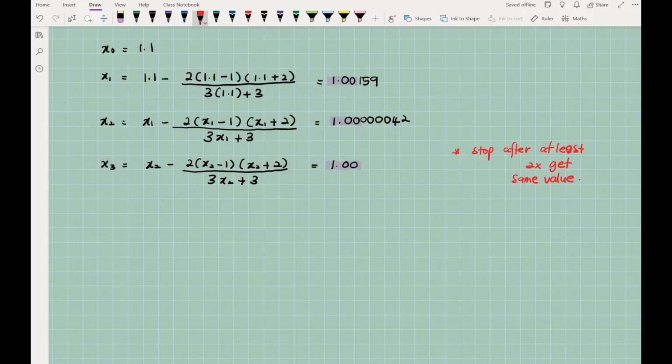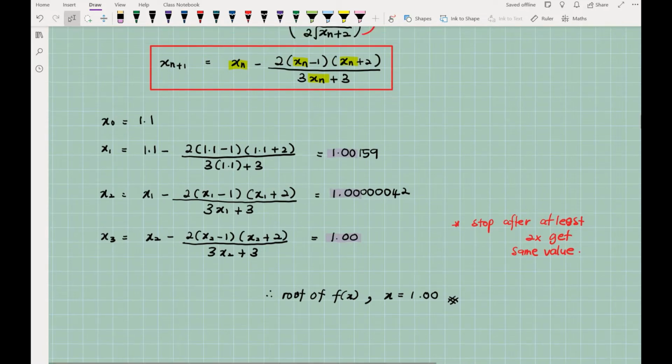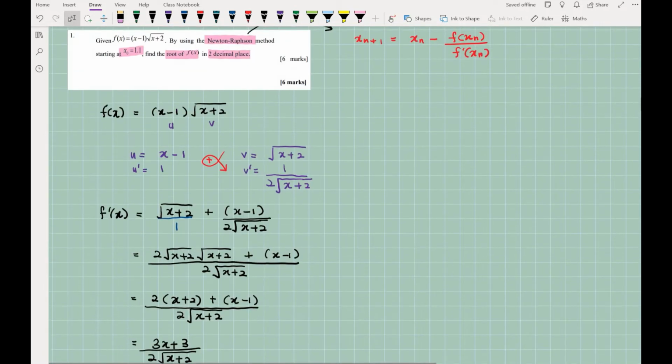Okay, so dari sini I can immediately give my conclusion yang mana root of fx, root, not roof. Okay, so root of fx iaitu x is equal to 1.00. Please remember my reminder, memang 00 tu doesn't make any changes. Kalau kita tulis 1 pun boleh. Tetapi because, again, question says 2 decimal place. So, kena letak 1.00.